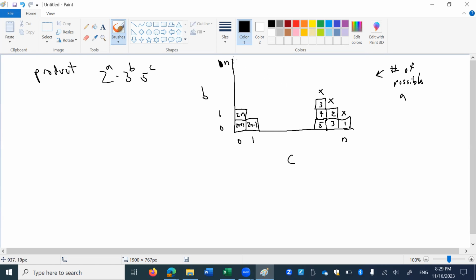And so my table is going to be filled with only elements on the diagonal here. Right? And if I roll all multiples of 3, then, depending on how many 6s I rolled, there's n plus 1 possibilities. Right? So the exponent of 2 is either 0, 1, 2, 3, all the way up to n.